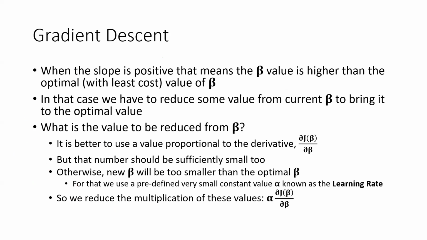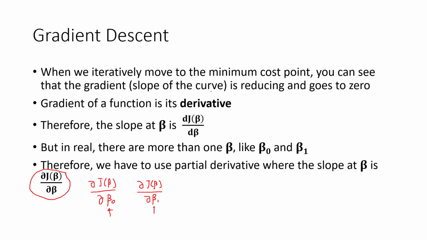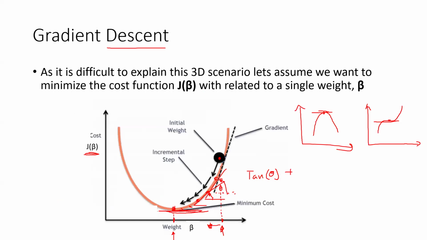So this is what I have explained earlier, right? When the slope is positive, that means the beta value is higher than the optimum value of beta, like this. So when the slope is higher than 0, that means this value is higher than the optimum value, right?